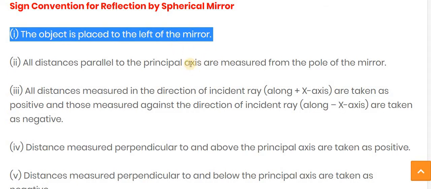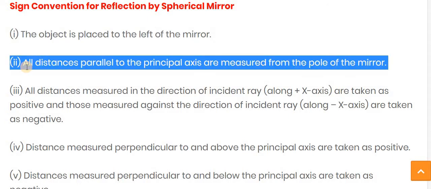As we see in all the figures, we always keep our object at the left side of the mirror. The second rule is that all distances parallel to the principal axis are measured from the pole of the mirror.